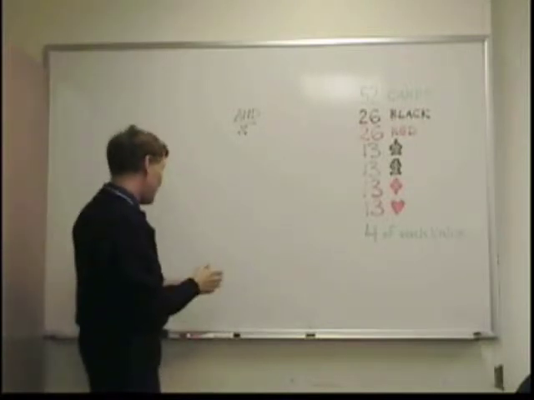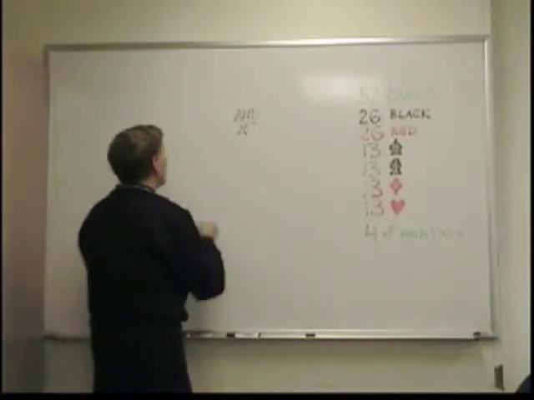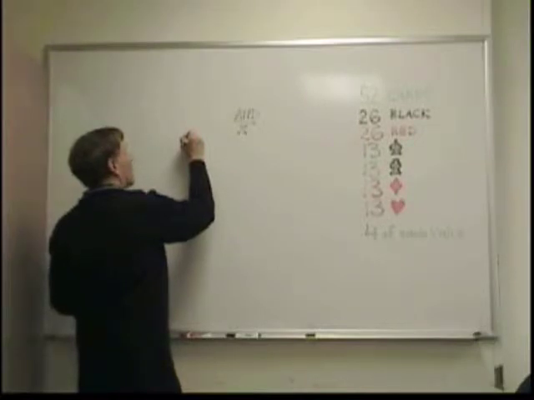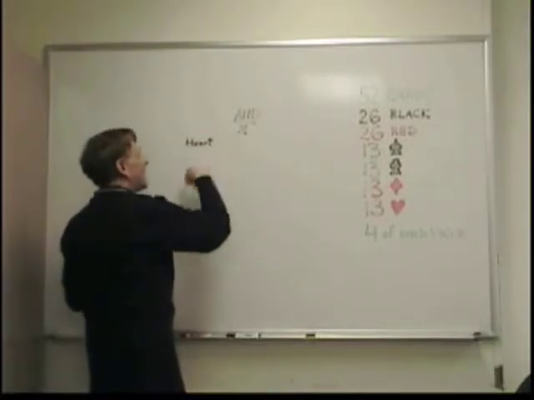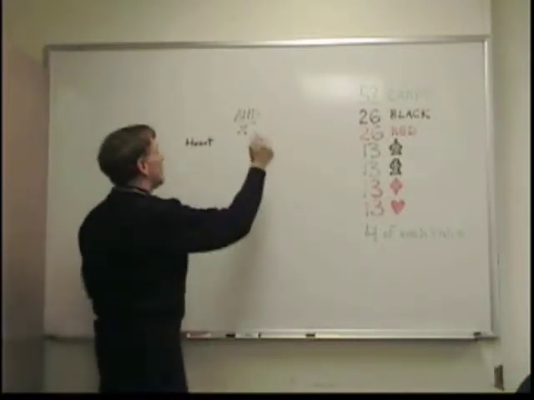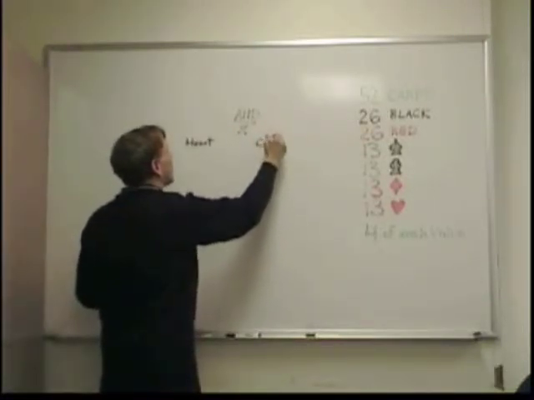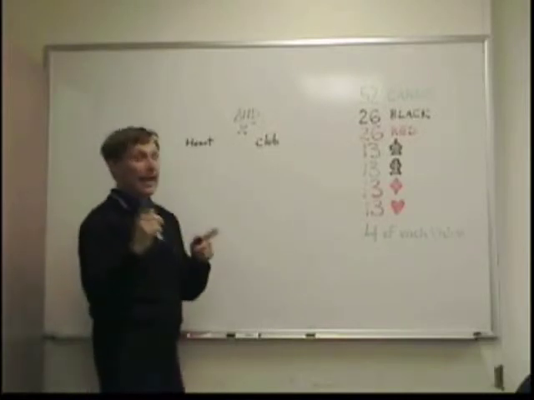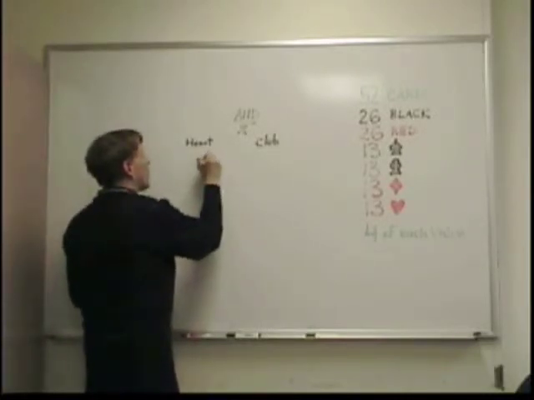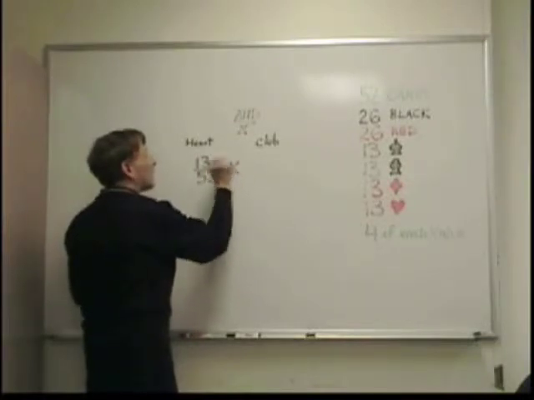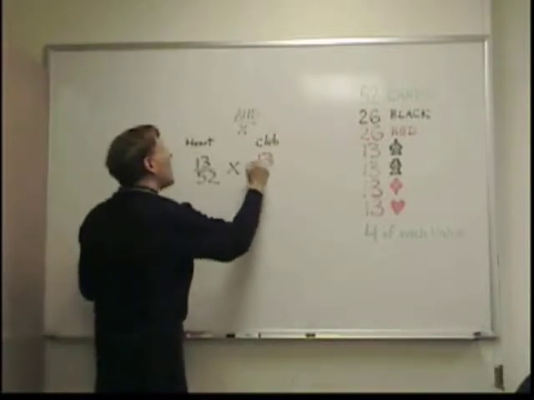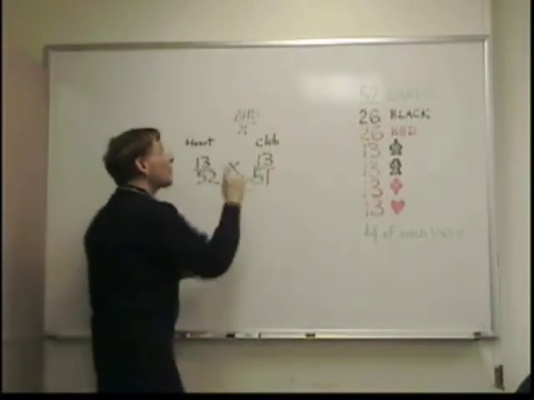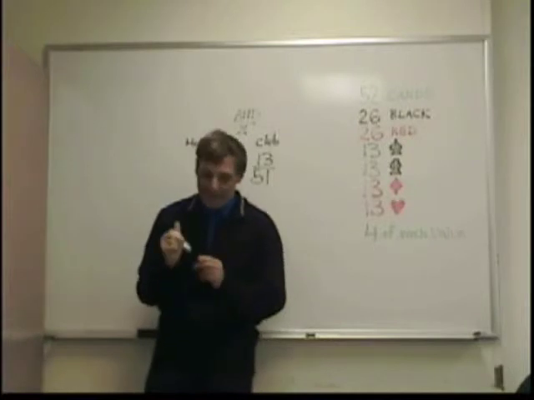For example, if I said the probability of pulling out a heart and then a club, well, the probability of pulling out a heart would be 13 over 52 times, I have 13 clubs, but I only have 51 cards left if I pull it out without replacement.